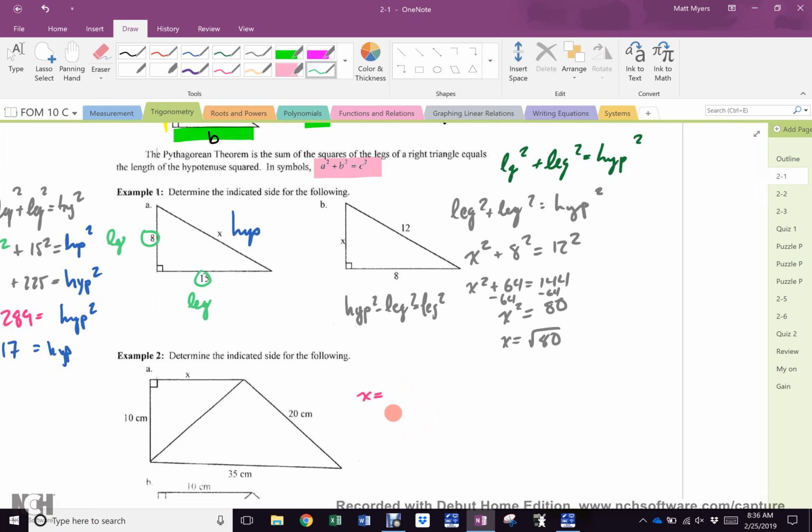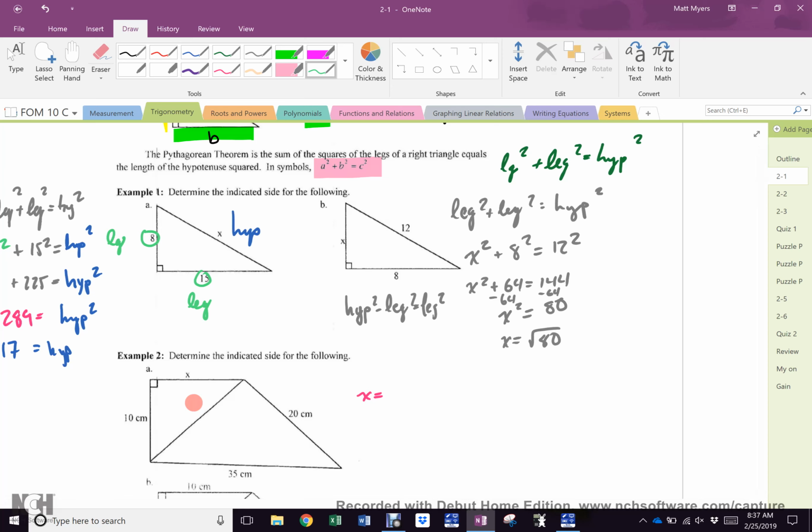Nathan, what did you do? 20 squared minus 10 squared equals 300. So you did 20 squared. So you said this side was 20. Yeah. And you did 20 squared minus 10 squared and square root. Yeah. Okay. Now that somebody has risked it, is that what everybody did that got 17.3?